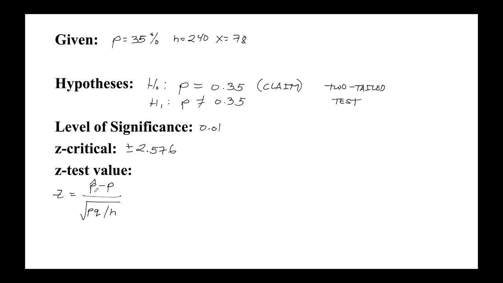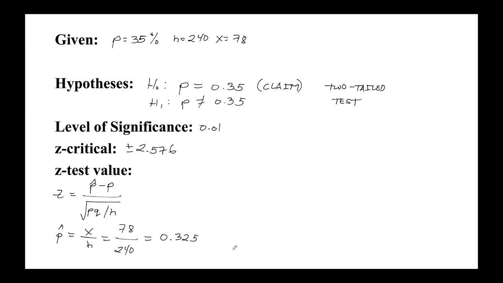So, before we start computing for the Z, let's compute first for the value of the P hat. Again, P hat is X over N. So, let's have X 78 over N 240. If you're going to divide this in your calculator, this will be 0.325.